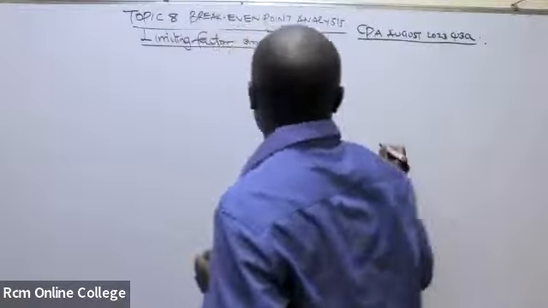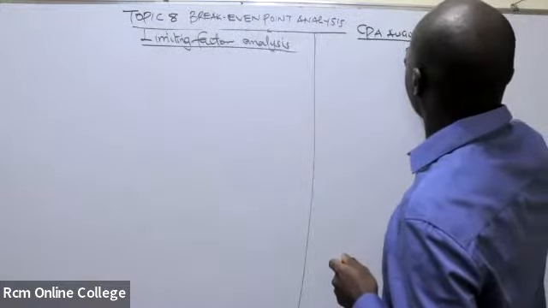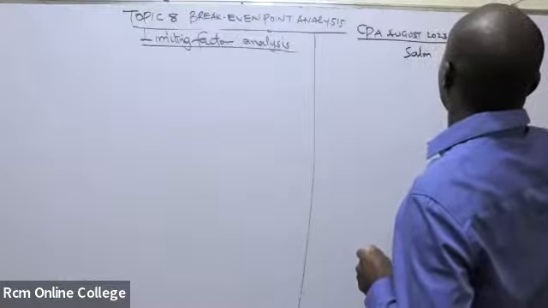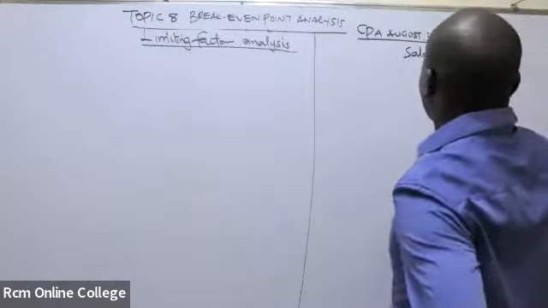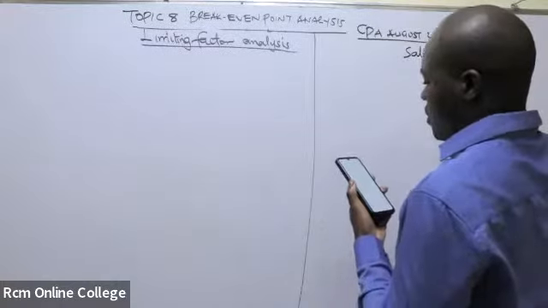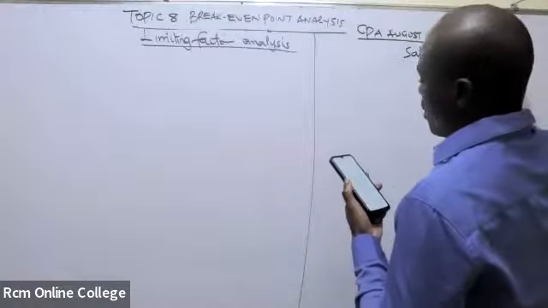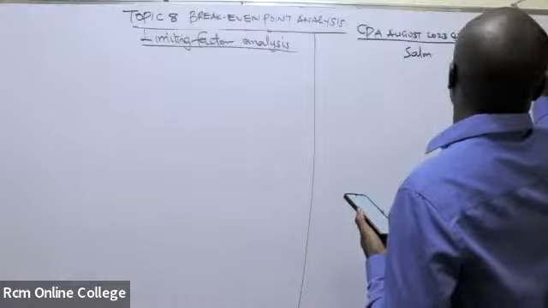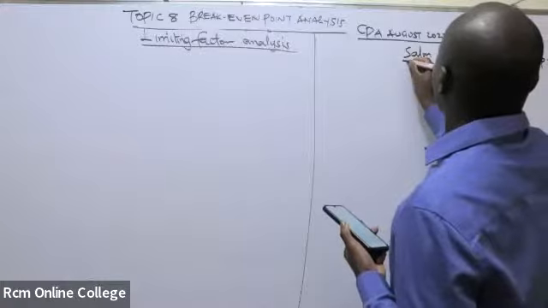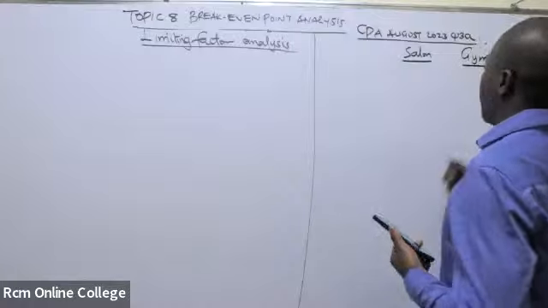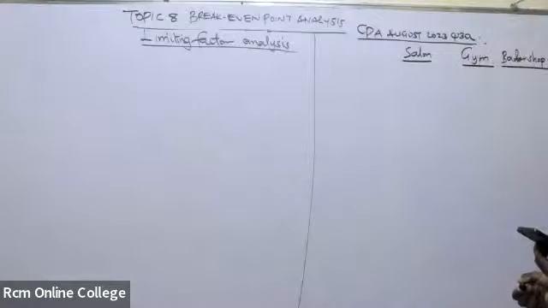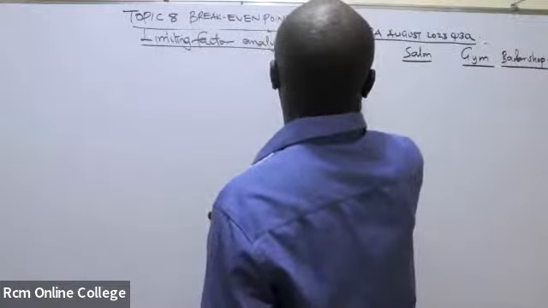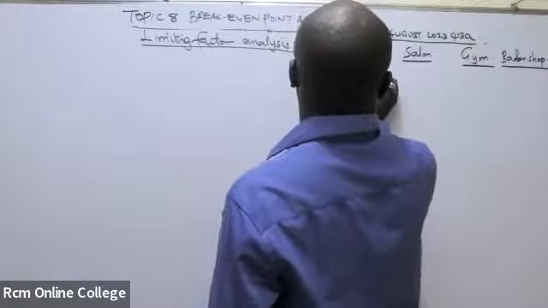We have the 3 services: salon, gym, and then barber shop. We start with the selling price per unit, the service fee.